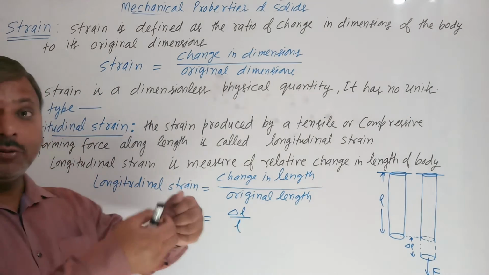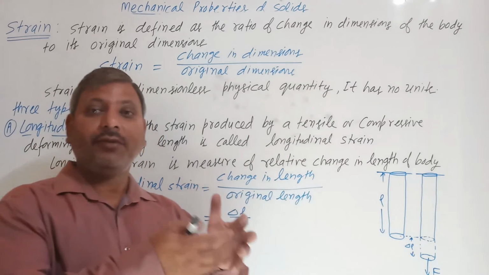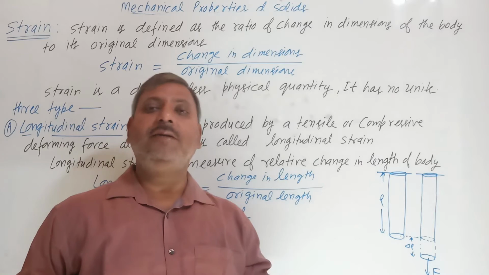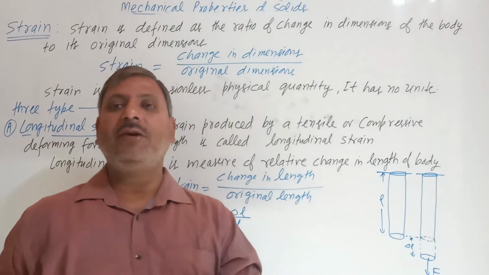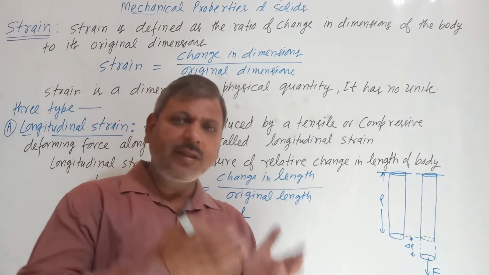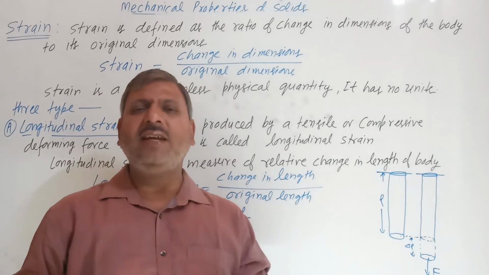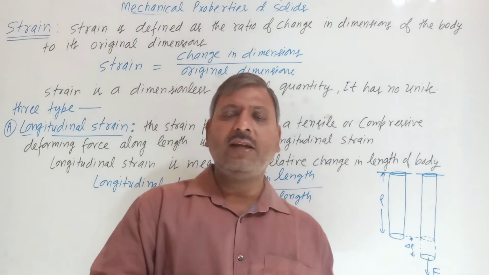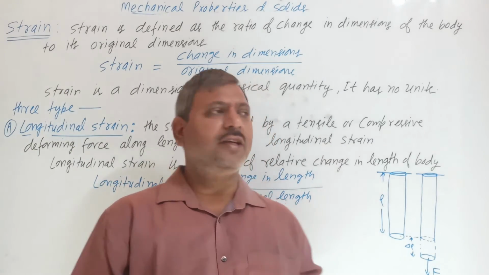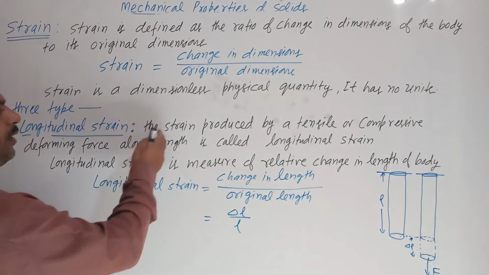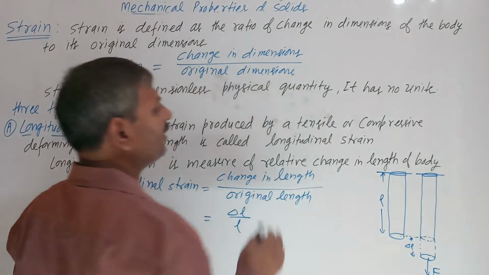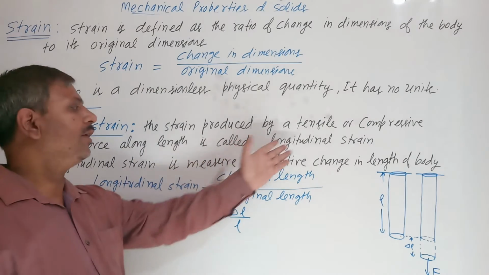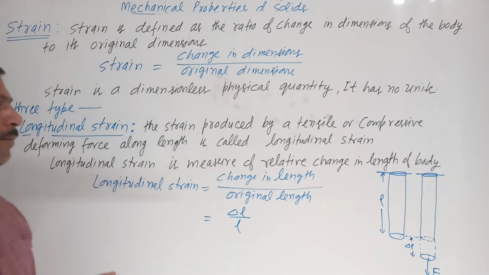When a force is applied along the length of a wire, maybe tensile, maybe compressive, the change in length upon original length is called longitudinal strain. The strain produced by a tensile or compressive deforming force along the length is called longitudinal strain.